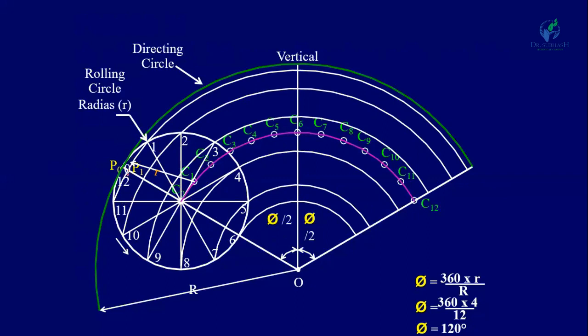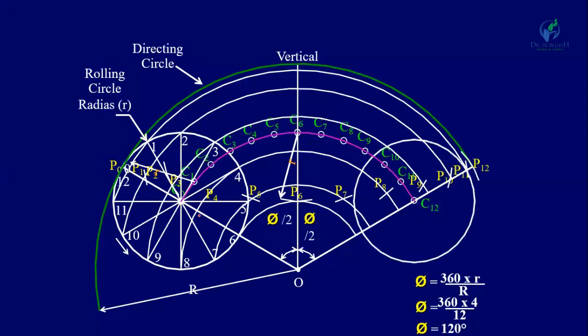Similarly, with C2 as center, you will get the point P2. Now with C3 as center, you will get the point P3. Similarly, find all the points P4, P5, P6, P7, P8, P9, P10, P11 and P12.